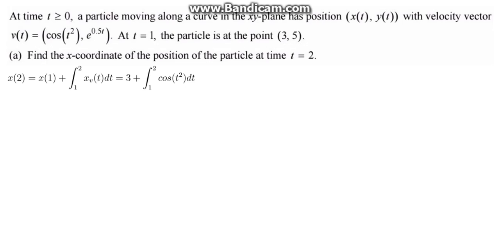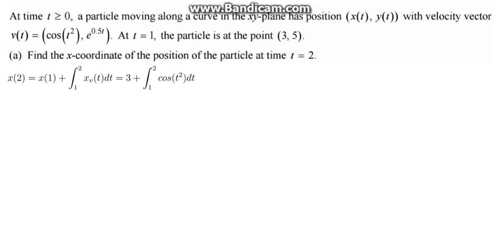We take the integral from 1 to 2 of the x part of the velocity, which is the derivative of position, dt. Plugging in what we know, x(1) is equal to 3, and the x part of the velocity is cosine of t squared. So we get 3 plus the integral from 1 to 2 of cosine of t squared dt.